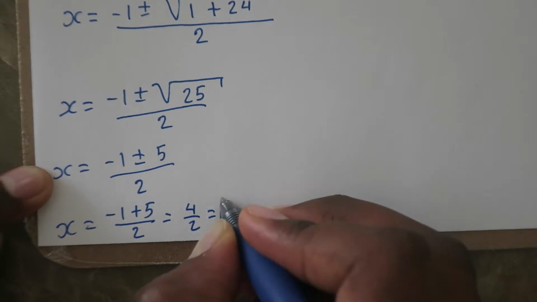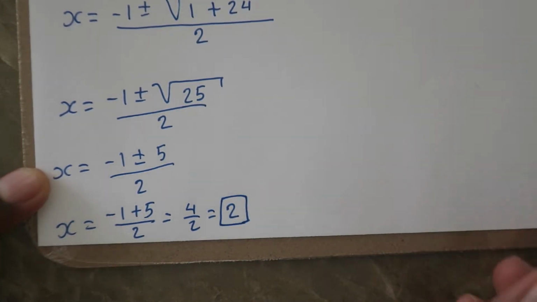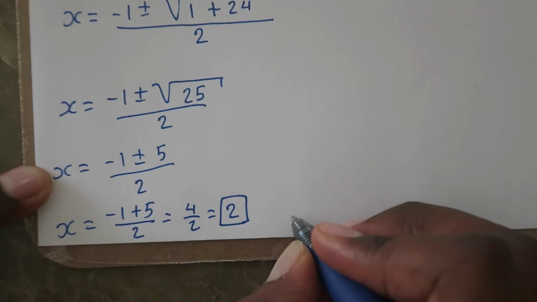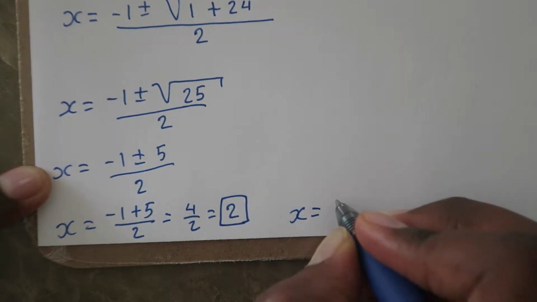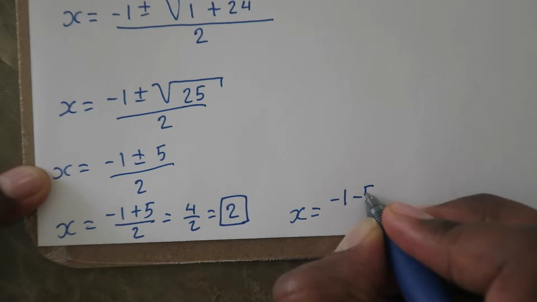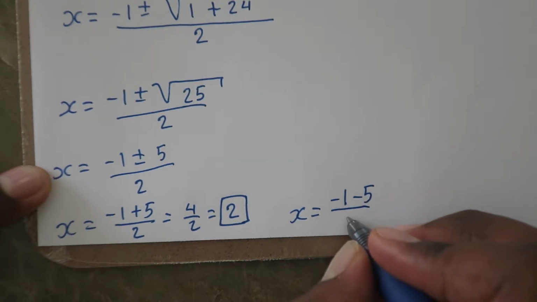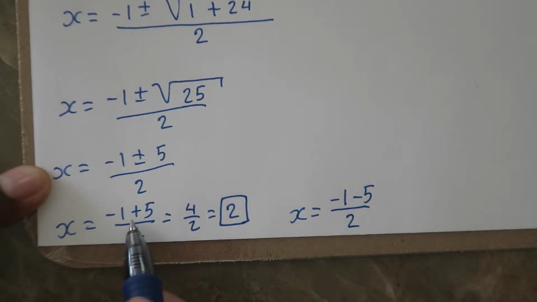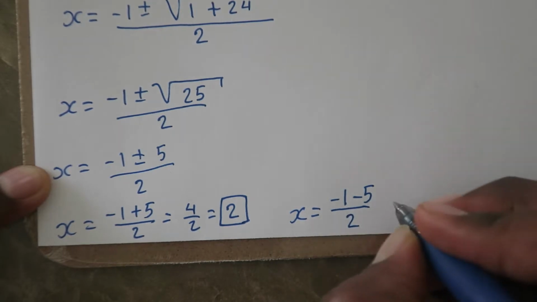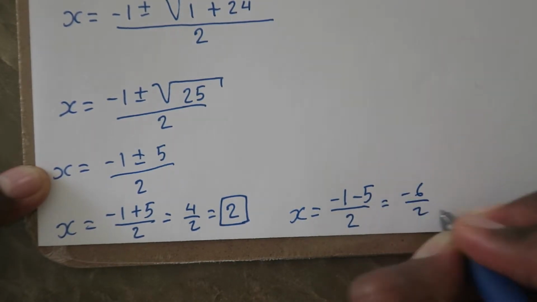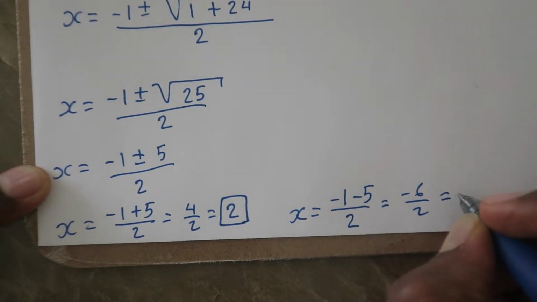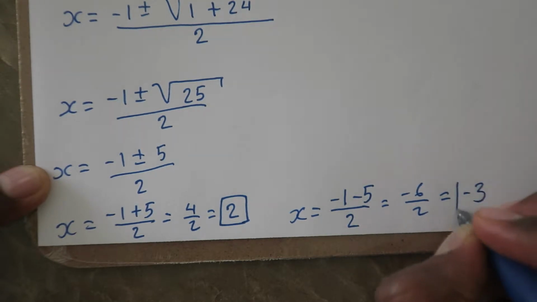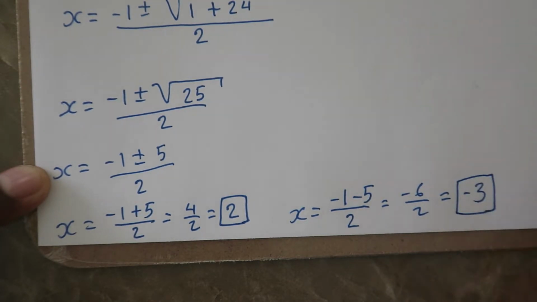That's one answer. Or the other one would be x equals negative 1 minus 5 divided by 2. That's what it means by plus or minus. One with a plus, one with a minus, which equals negative 6 over 2. That simplifies into negative 3. So this quadratic equation has two answers.